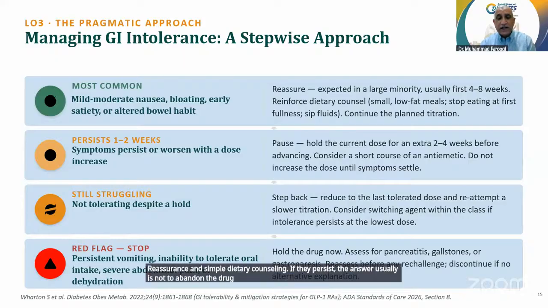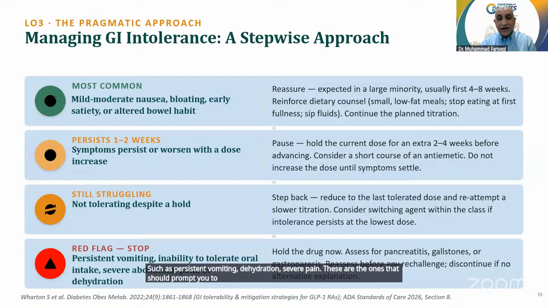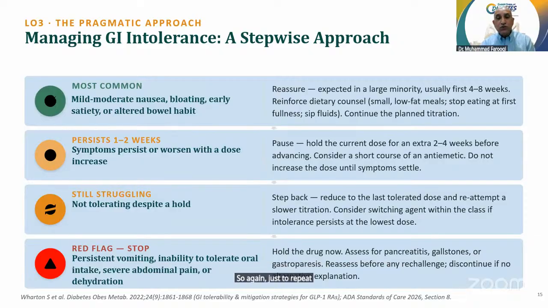It is to pause the titration and give the gut more time to adapt. Only a genuine red flag presentation, which you can see in the last row, such as persistent vomiting, dehydration, or severe pain, should prompt you to stop and reassess and look for an alternative diagnosis like pancreatitis or gallstones. So again, just to repeat, do a gradual titration, go slow.